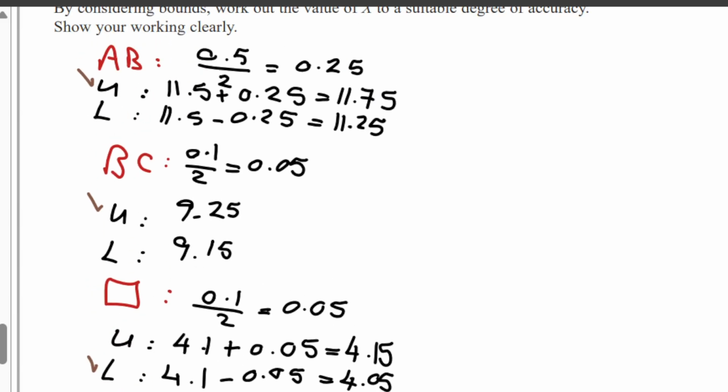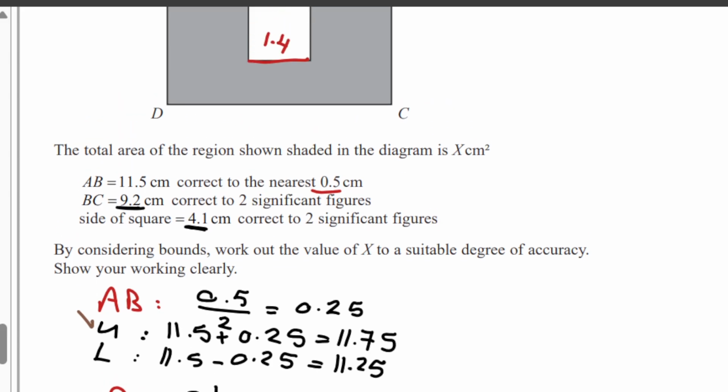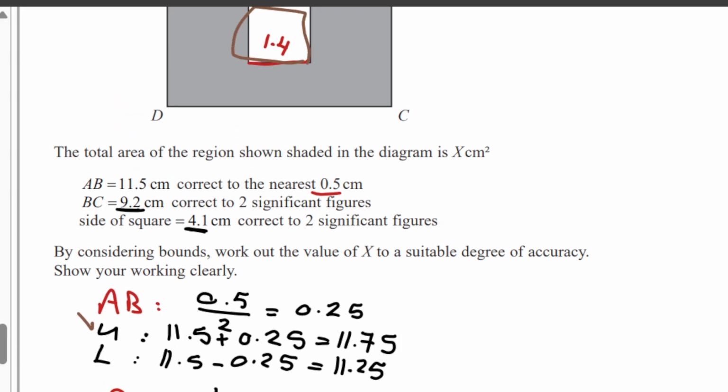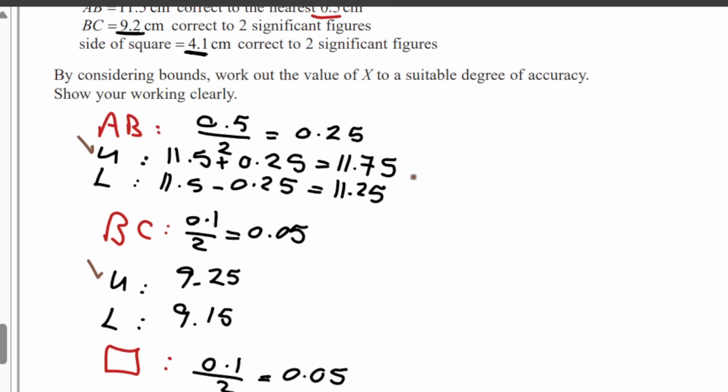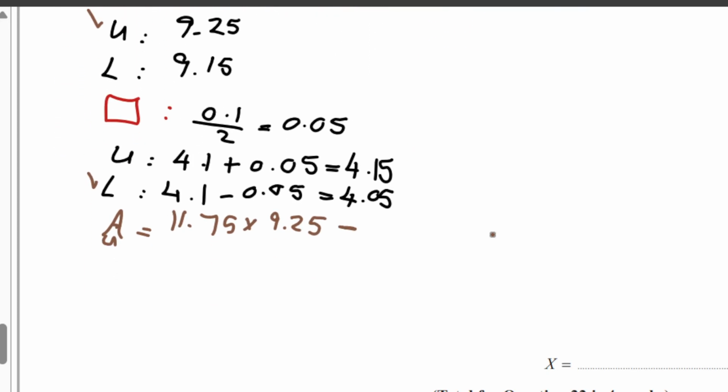So the area of the rectangle is going to be 11.75 times 9.25 minus the area of the square inside. So we need this to be the smallest. So what I will do is I'll use the lower bound here. So it's going to be 4.05 times 4.05, which is 4.05 squared.